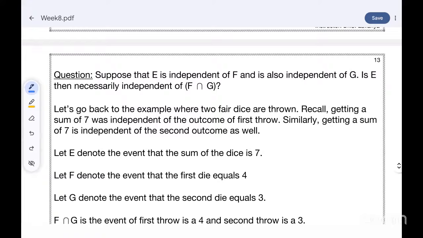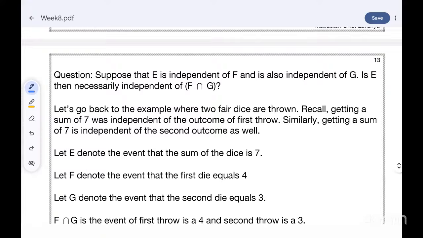Now, suppose that E is independent of F. So first, E is independent of F is given. Also independent of G. So you have E and F are independent, and then E and G are independent. Is E necessarily independent of F intersection G?